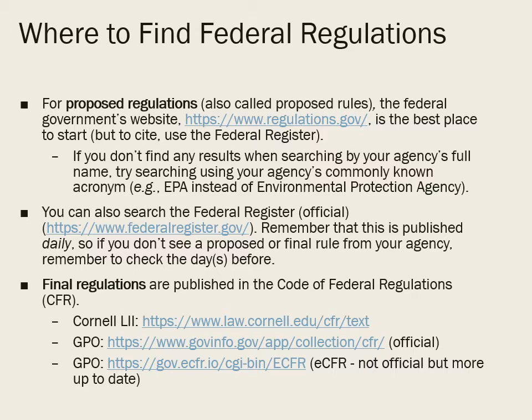For both regulations.gov and the Federal Register, remember that your search defaults to the present day. So if you are looking for a proposed regulation that was issued yesterday, you're not going to find it in the default search because it's just looking for today. You're going to need to expand the date range of your search.